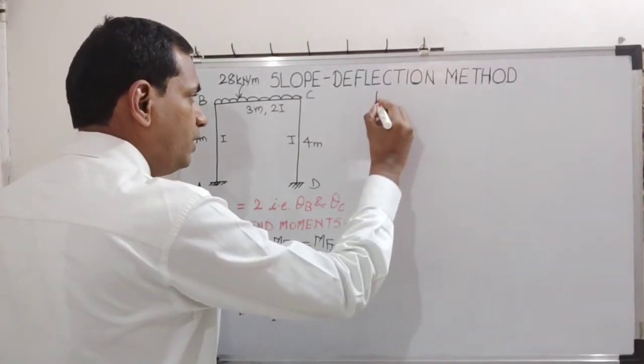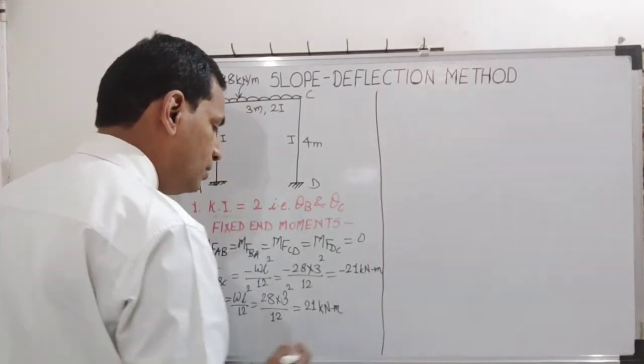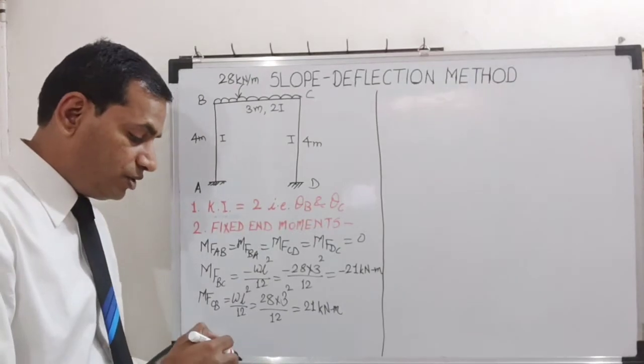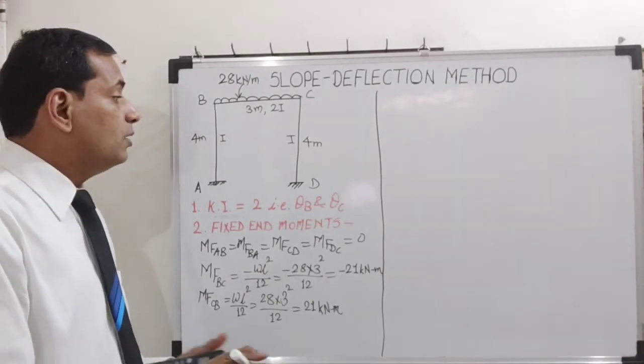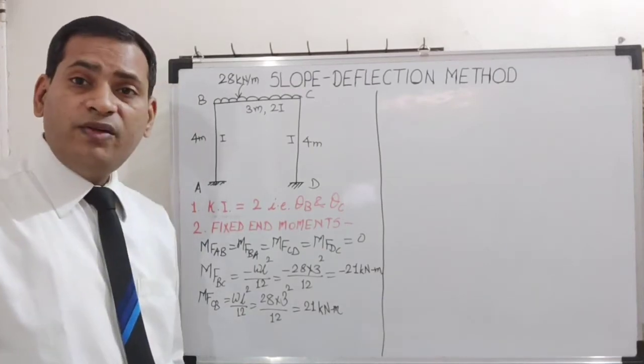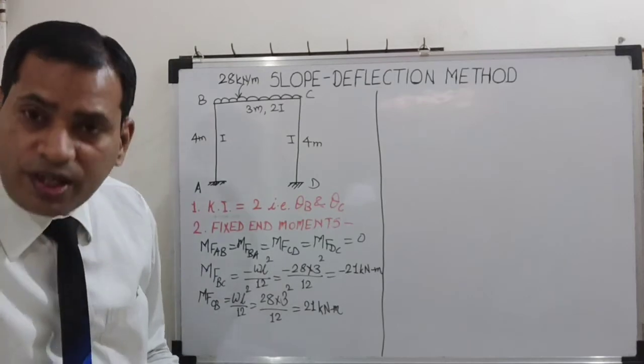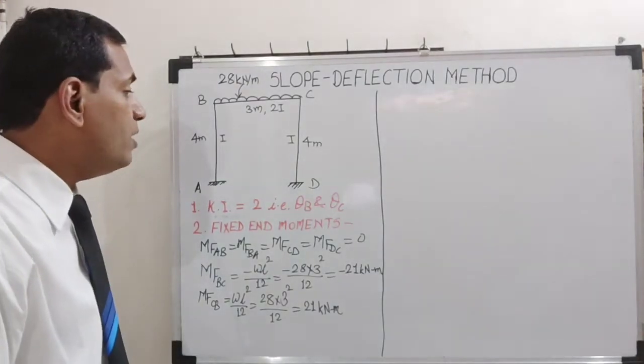Now there will be the next step. What will be the next step? The slope deflection equations. Now we will have in all 6 slope deflection equations, but we are going to take only 3. Why?